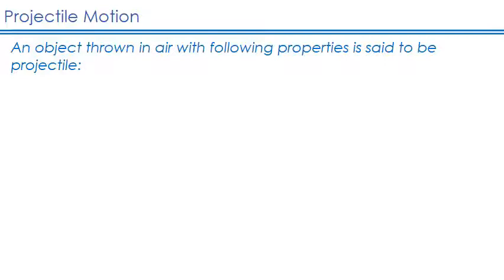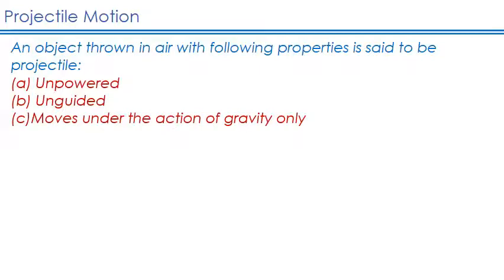A two-dimensional motion is said to be a projectile when it's unpowered, it's unguided, and it only moves under the action of gravity. Unpowered means there is no fuel, no engine, no motor, nothing used for the object, and it cannot change its motion.